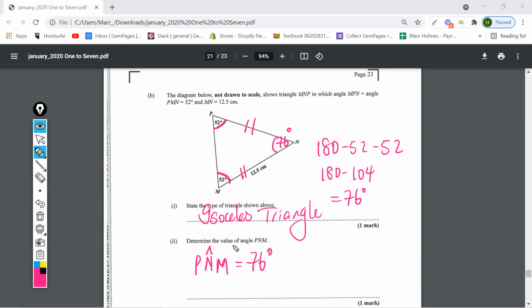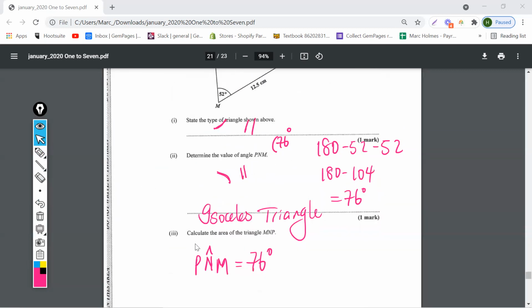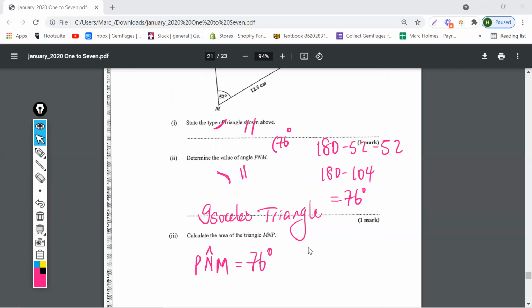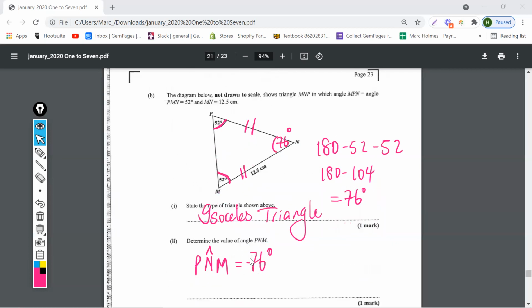The hard part of this question is part C here. Calculate the area of the triangle NMP. That was hard. Why is this hard, guys? To find the area, guys, we'll have to use the sine rule, I think. Yeah, we'll have to use the sine rule. So here is 12.5. Here is also 12.5.